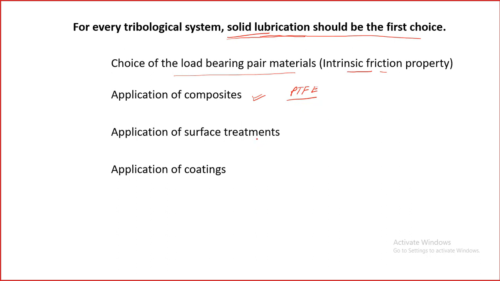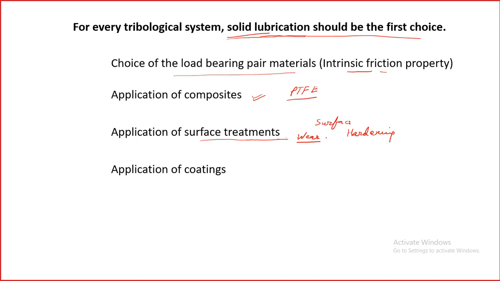Then application of surface treatments is also very important depending upon the situation. If low friction is not a requirement, if our concern is only wear, then hard coatings are applied or hard surface treatments, which is also known as hardening or surface hardening.